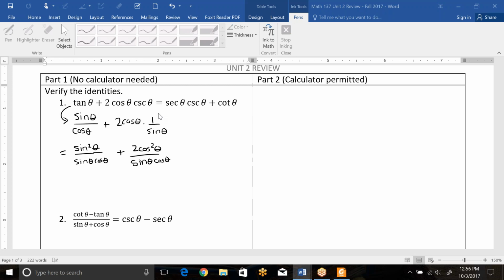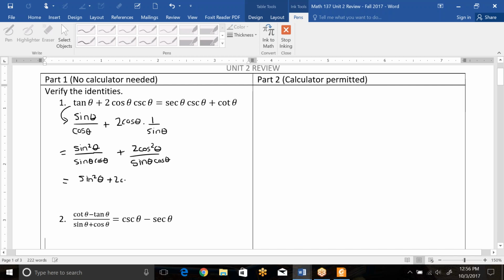And then I would try to combine this as one fraction. So then we would have sine squared theta plus 2 cosine squared theta over sine theta cosine theta. Now the problem with this is sine squared plus cosine squared would be 1, but this has a 2 in front of it.